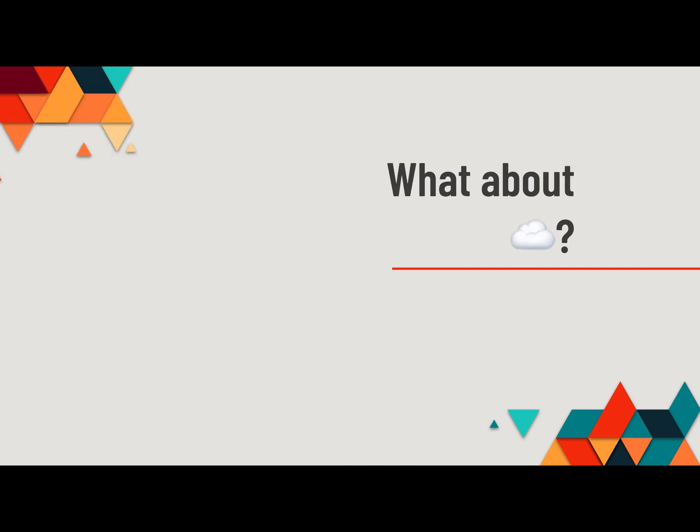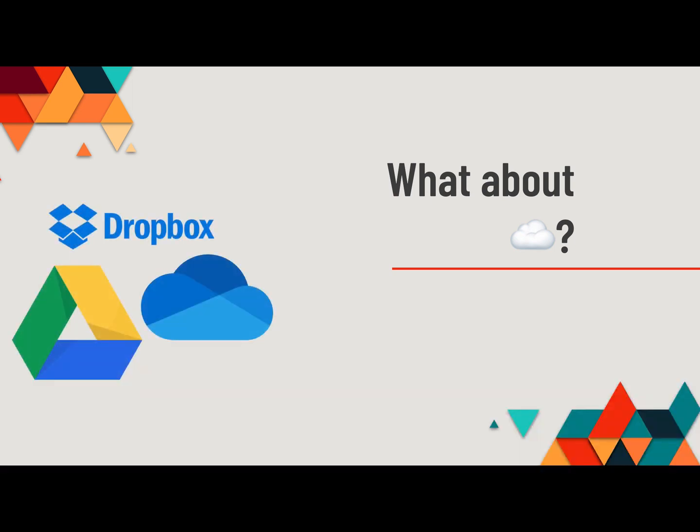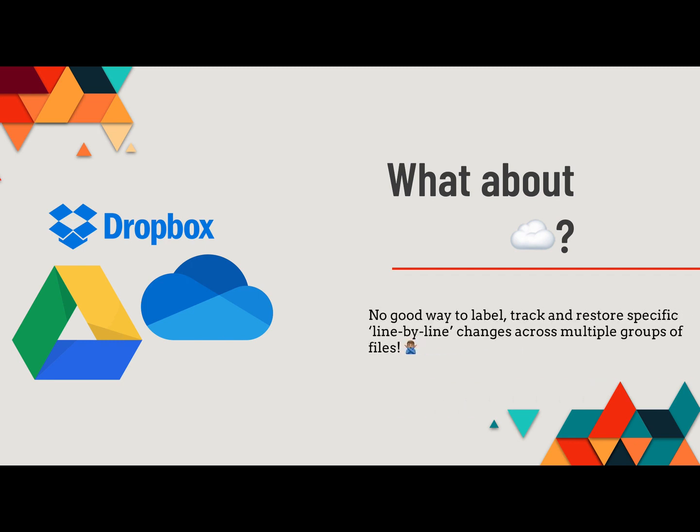And you might be wondering, what about cloud services? Where do those fit in? You've got Dropbox and OneBox, Google Drive, so on and so forth. Those are great for individual documents. I think they do have some ways where you can roll back to different versions. But what they lack is a good way to label, track, and restore specific line-by-line changes across multiple groups of files.